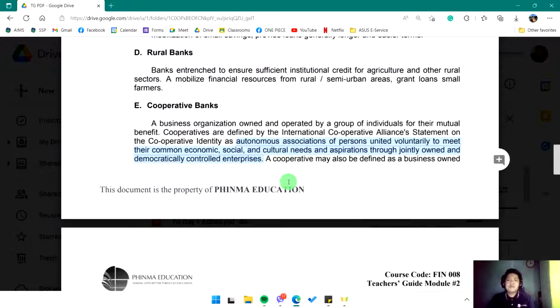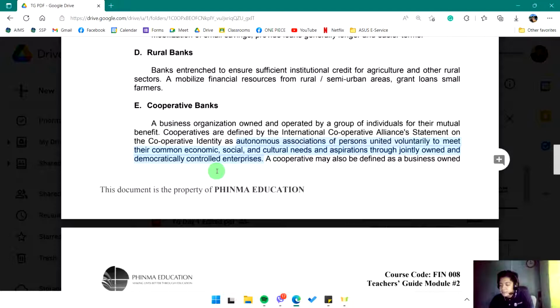So with this kind of definition, and yun nga sabi nga dito, democratically controlled enterprises, na ibig sabihin cooperative banks or yung mga tinatawag natin na co-op is really run by people with mutual benefits.